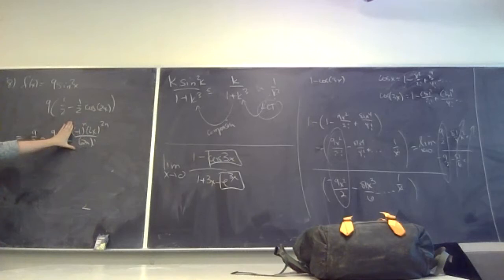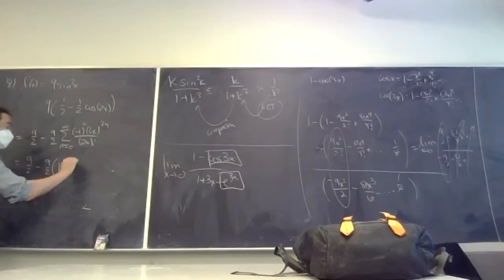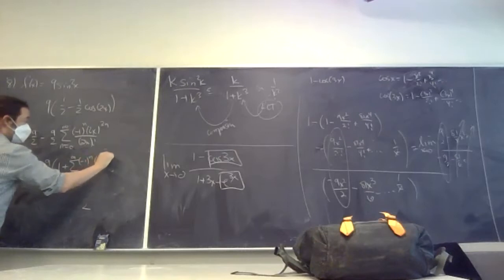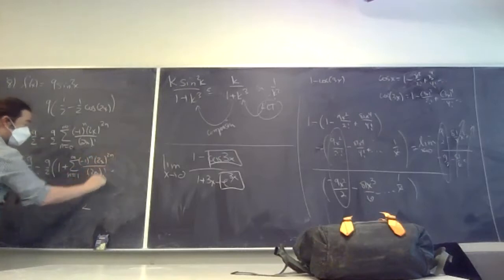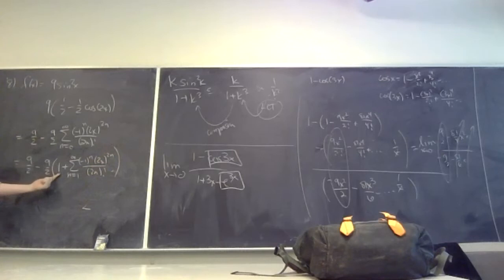1, right? So I'm going to rewrite this as 9/2 minus 9/2 times 1 plus the sum from n equals 1 to infinity. After all, it's just a 1. I took literally one term out of the series and just started at a different number. But what happens to this 1?